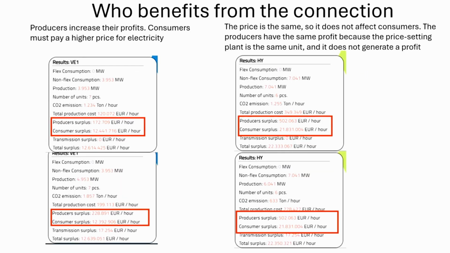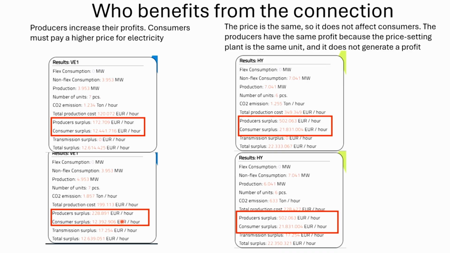The next thing we should do here was to find out who benefits from the interconnector. And if you look here at V1, you can see that the producer surplus will increase when building this interconnector, and the consumer surplus will decrease.